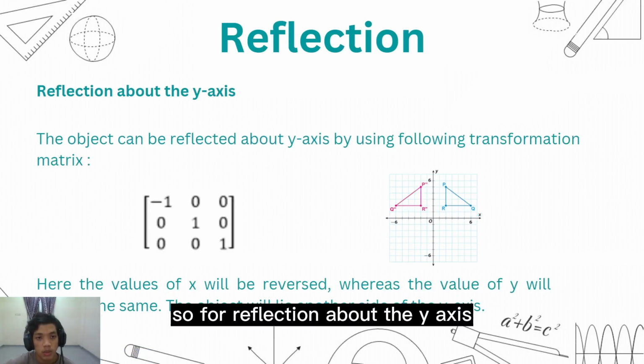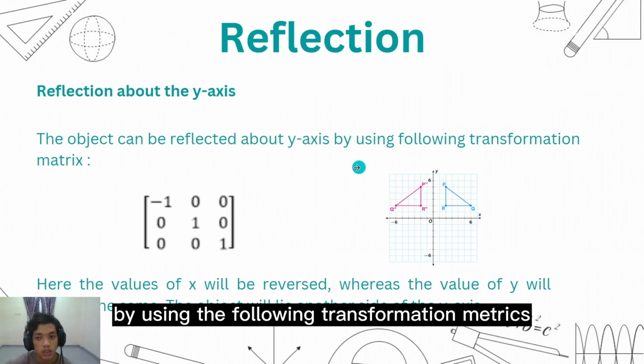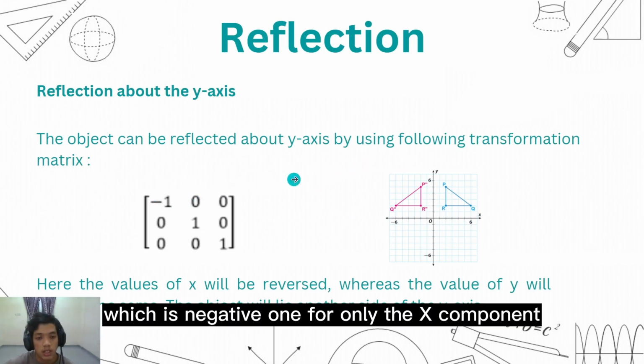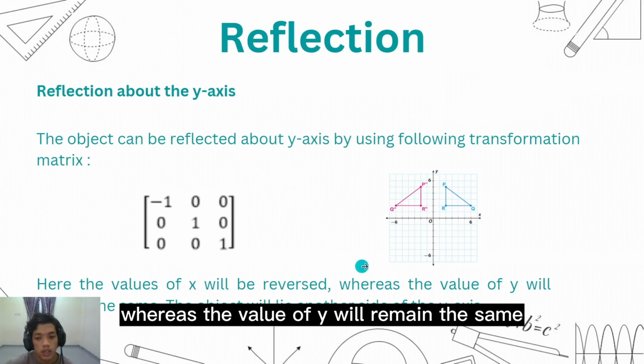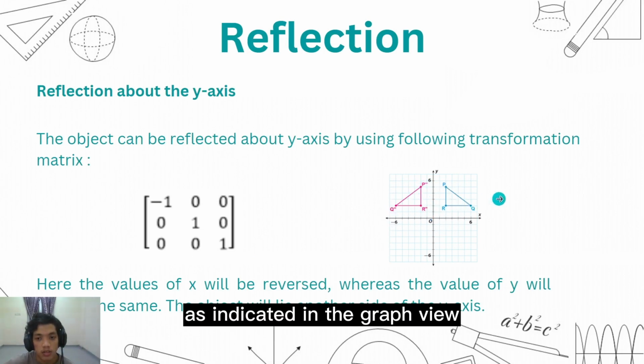For reflection about the y-axis, the object can be reflected by using the following transformation matrix, which is -1 for only the x component. So here the value of x will be reversed, whereas the value of y will remain the same. The object will lie on another side of the y-axis, as indicated in the graph here.